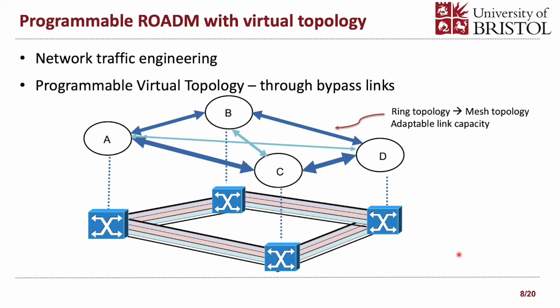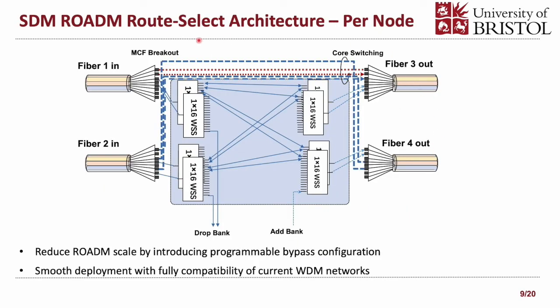If you look at the node level, how we achieve this, this is one node with 2 microfibers in and 2 microfibers out. We only draw one direction, but actually they can do both directions. We can set up the core-to-core direct connection for the bypass link. The other cores require WDM switching, and we can use a traditional ROADM architecture; here it is the routing and selecting architecture doing the switching operation.